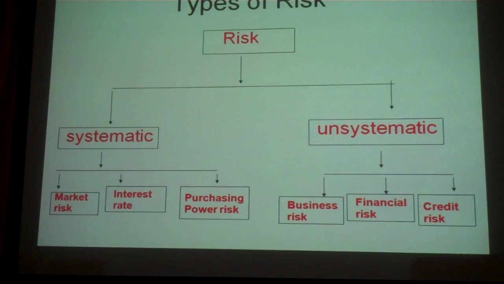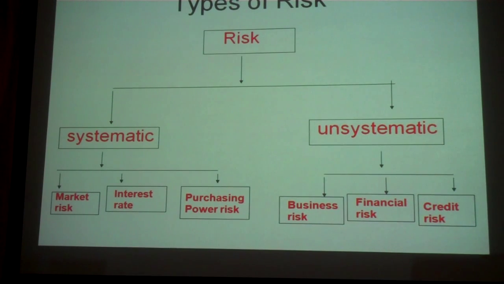So business risk is something which each business faces, its own risk. It differs from one company to another company. It is not common. Let me take an example like this. Infosys is a pure IT company. Reliance is a very manufacturing company, oil.